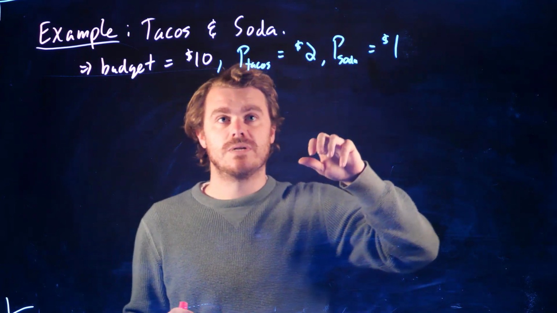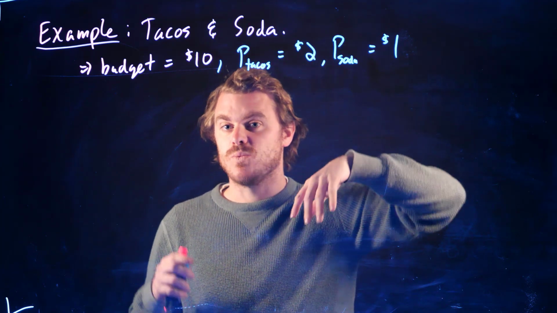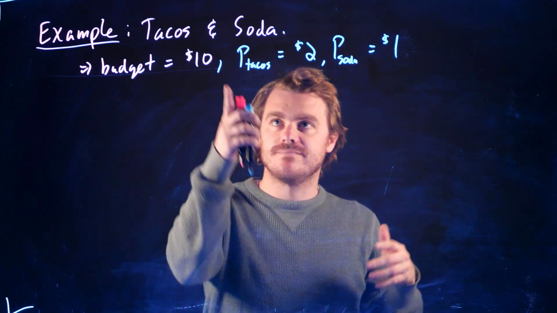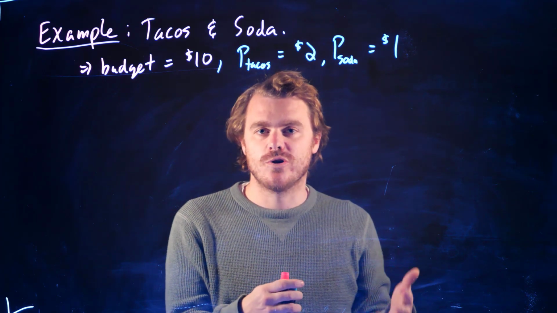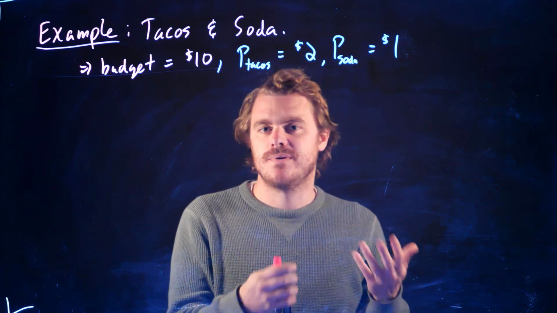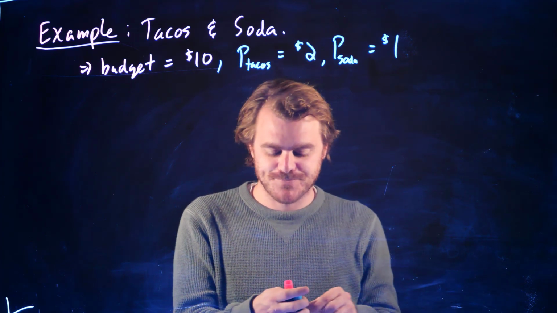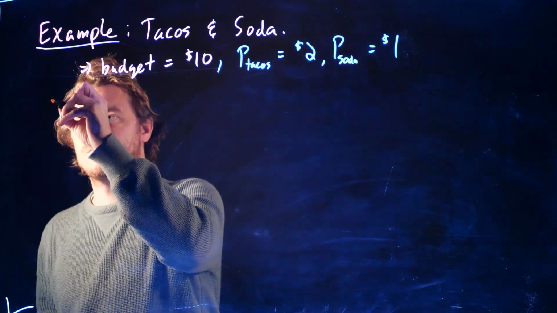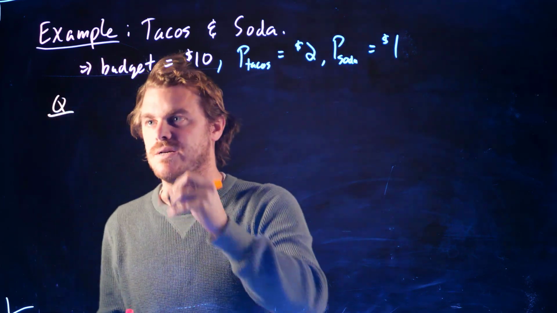And so, given these prices and our budget, as well as our preferences, as well as what determines our marginal utility of having these two different goods, we're going to try to maximize our total utility by using this idea of figuring out purchasing goods based on our bang for our buck. All right, so here's the quantity.